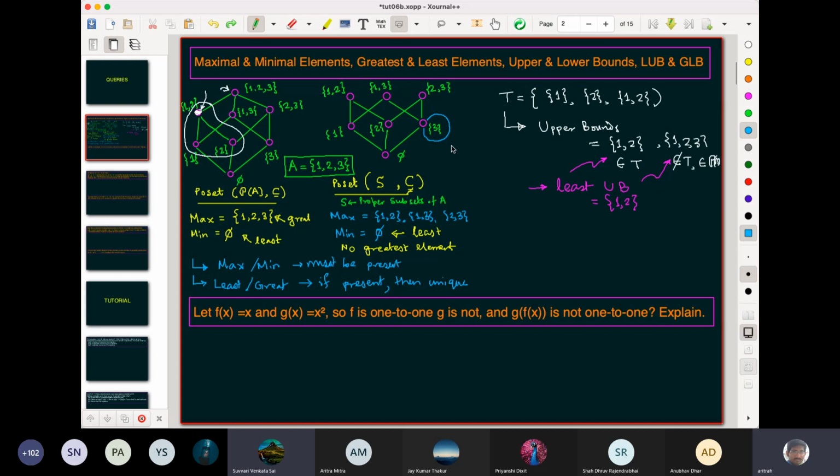Yes, sir. We do not draw them in the Hasse diagram. These edges are internally there. But can we call it a poset since the relation is not reflexive? No, which one? Poset S comma proper subset. I'm speaking about that. Okay, this one.